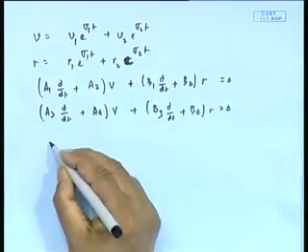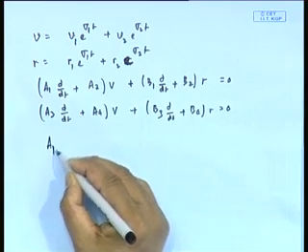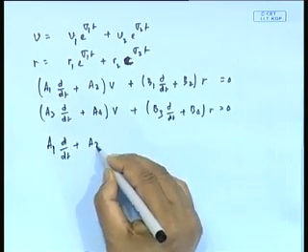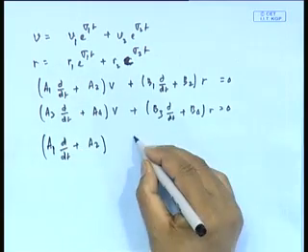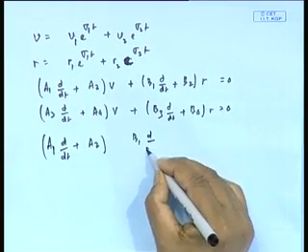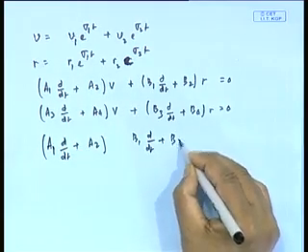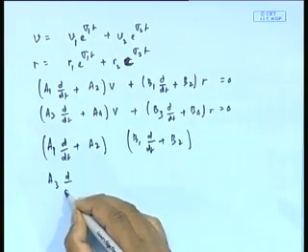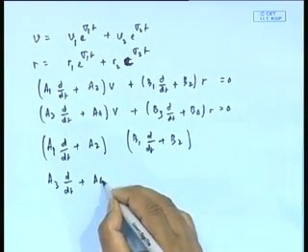Or if I were to write it in matrix form, it will be something like A1 d by dt plus A2, B1 d by dt plus B2, A3, B4.